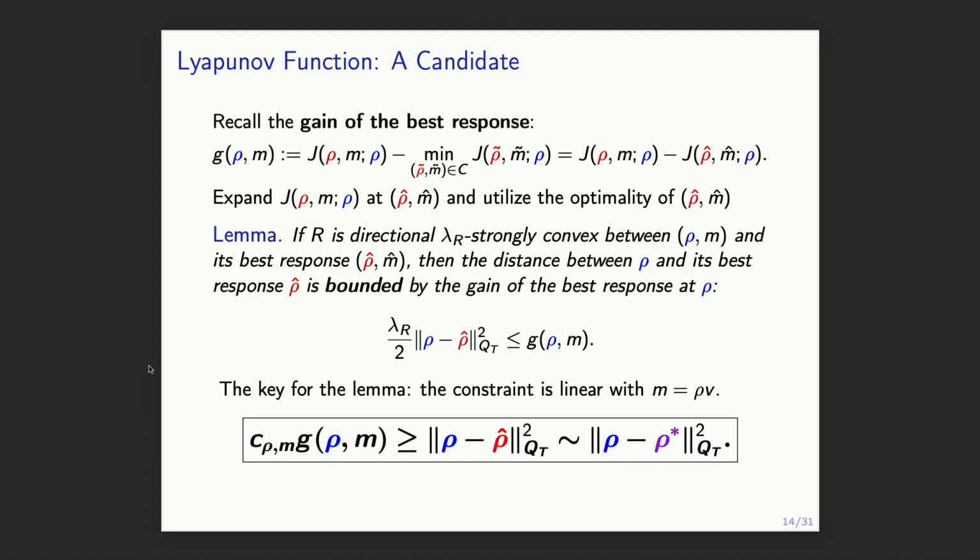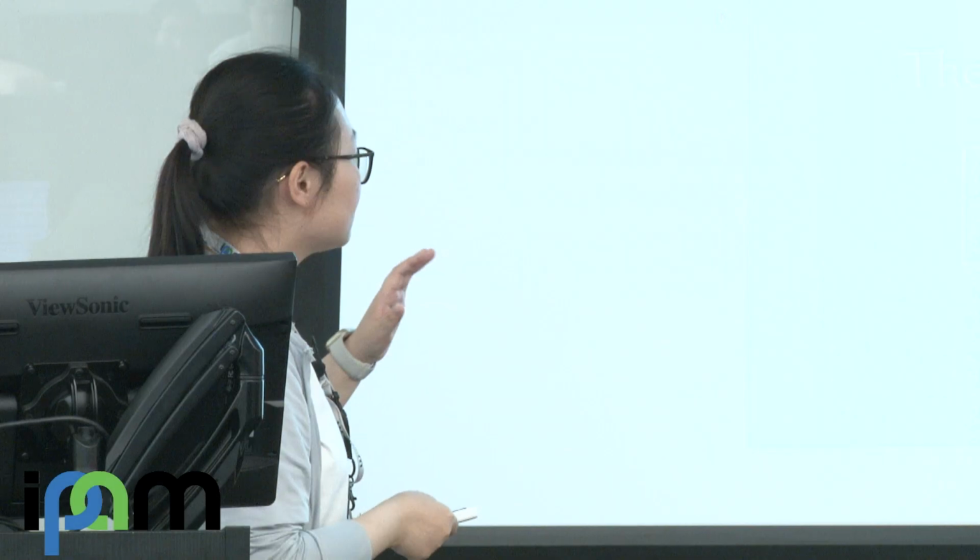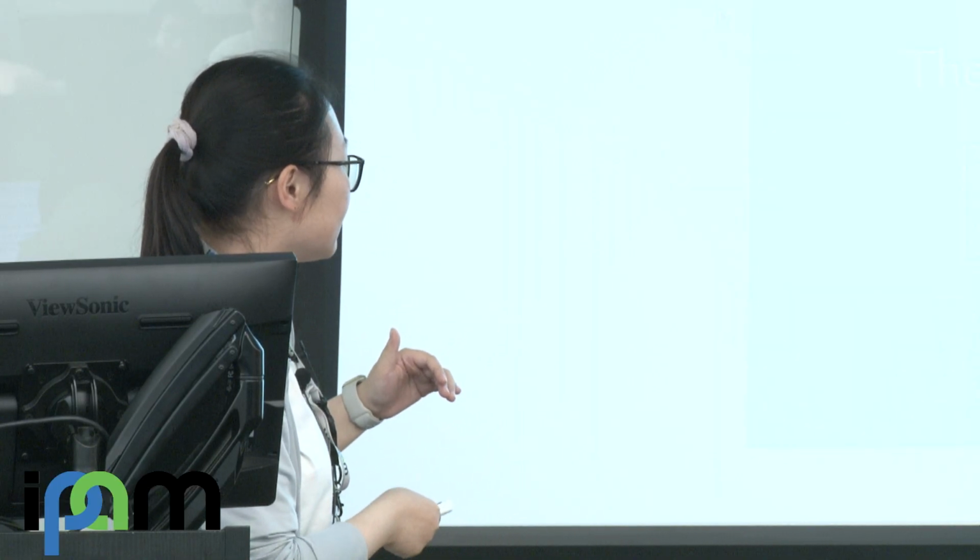If we have no constraint and we look at this gain of the best response, we expand this first term at the best response, then the first order term will vanish because of the optimality, and the only thing that is left is the second order term, and that is affected by this convexity term. So overall, we have shown that these two metrics are equivalent, and the gain of the best response is a good indicator of the convergence.